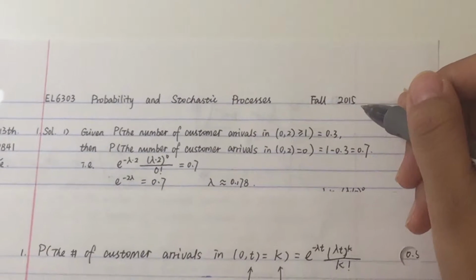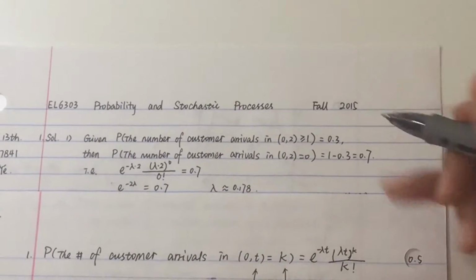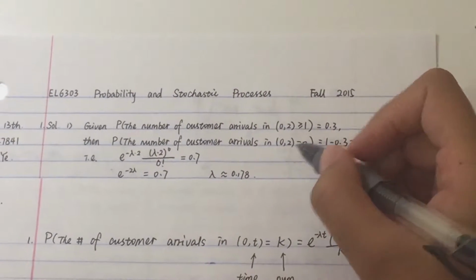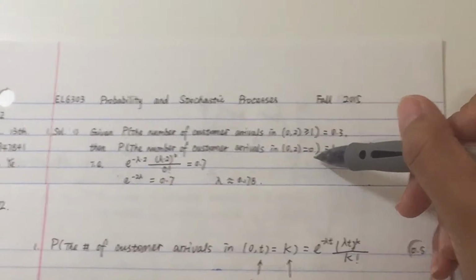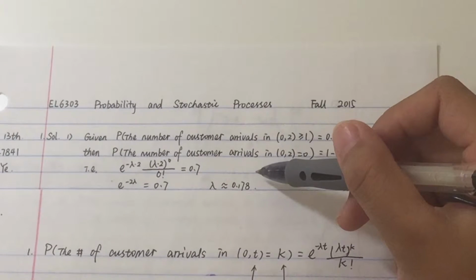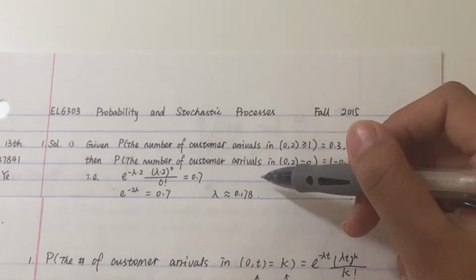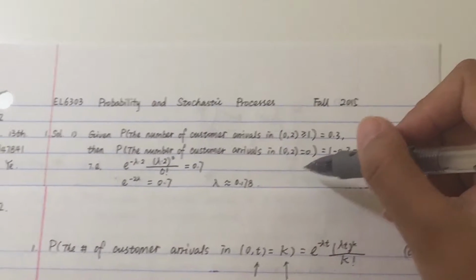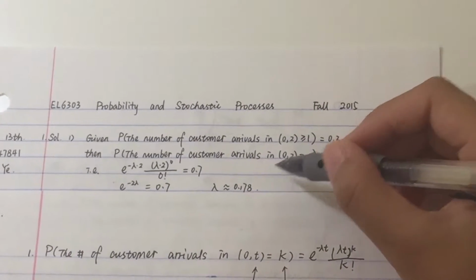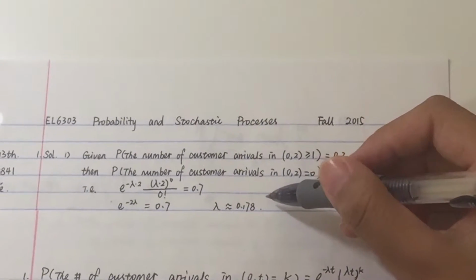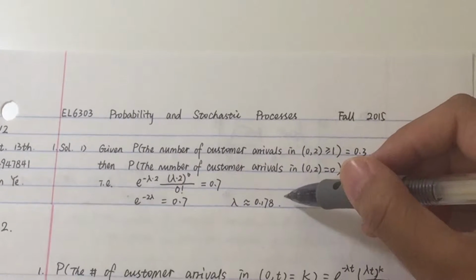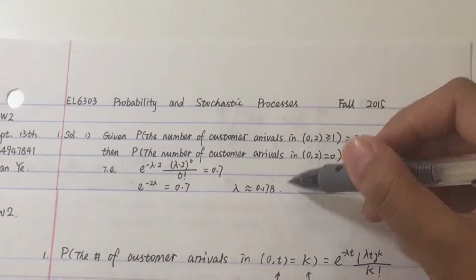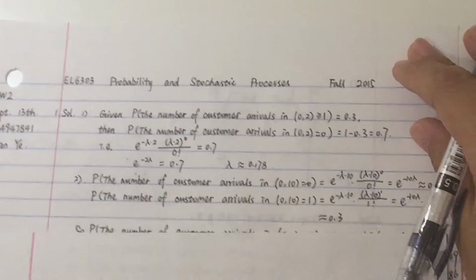So let t equal 2 and k equal 0, and we can do a simple computation and get the lambda value. It's almost equal to 0.178.